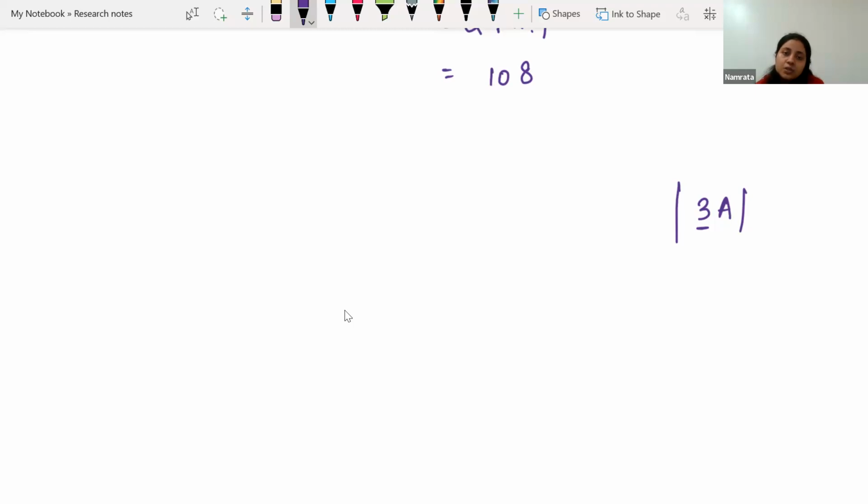We have to take out 3 as a common factor from each row, or from each column. According to the number of columns or the number of rows, the power will come out when we take out the common part. Now let me take another question.